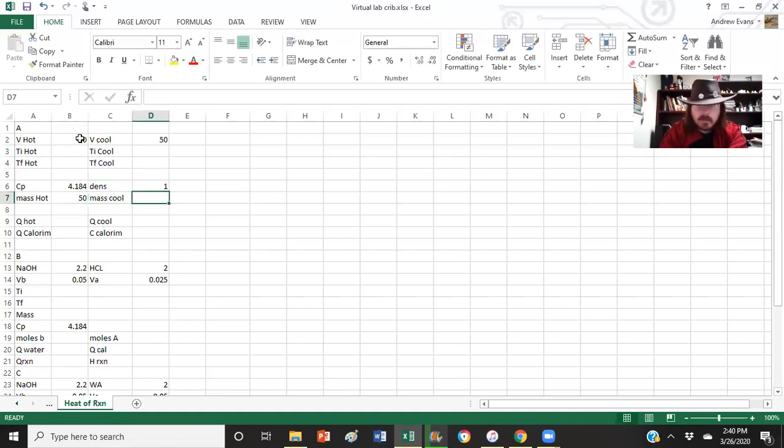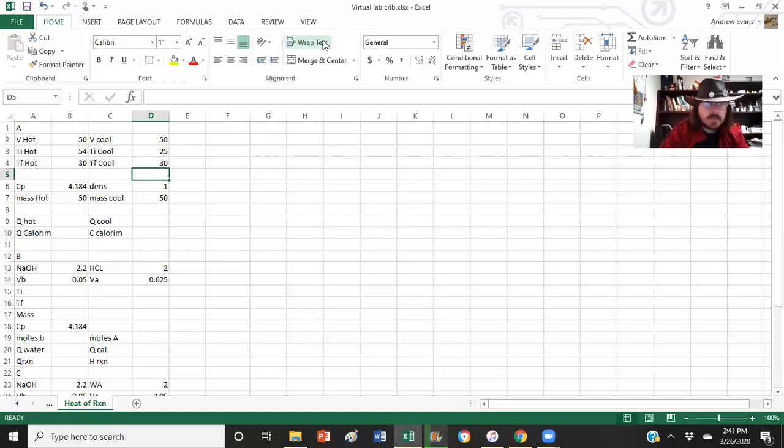We're just going to hypothetically put them in there. Now, the initial hot, you can find that out. I don't remember what it was. Was it 54? I don't care. Initial cold, 25. As we find the final temperature, the final temperature of the cool and of the hot would be the same. Let's say they're 30.